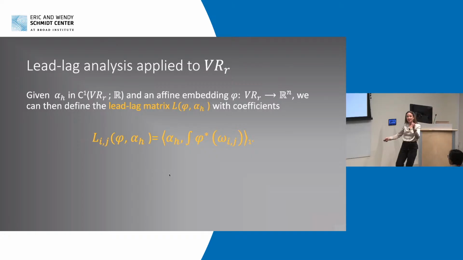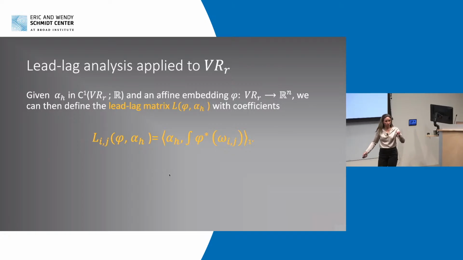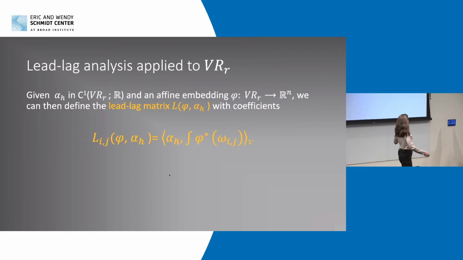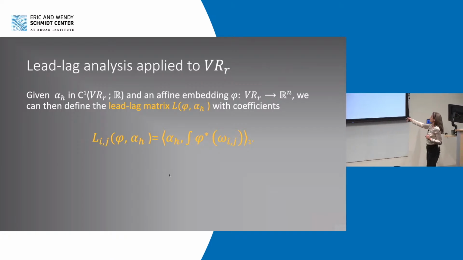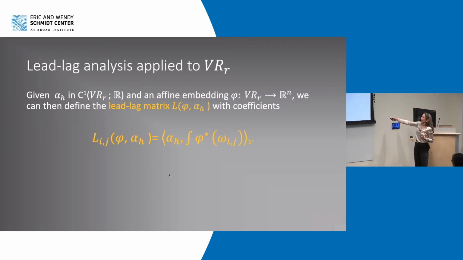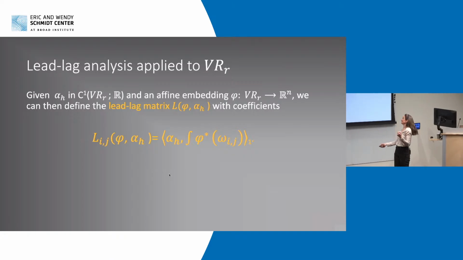Because remember, I defined an inner product on the one-cochains, so on this vector space of maps from the edges into the real numbers. Here I have a one-cochain, which is alpha H, and here I have this one-cochain that I just defined by taking the integral along these paths. So it makes sense to calculate this inner product, and I get a real number. And this real number is again telling me something about who is leading whom.